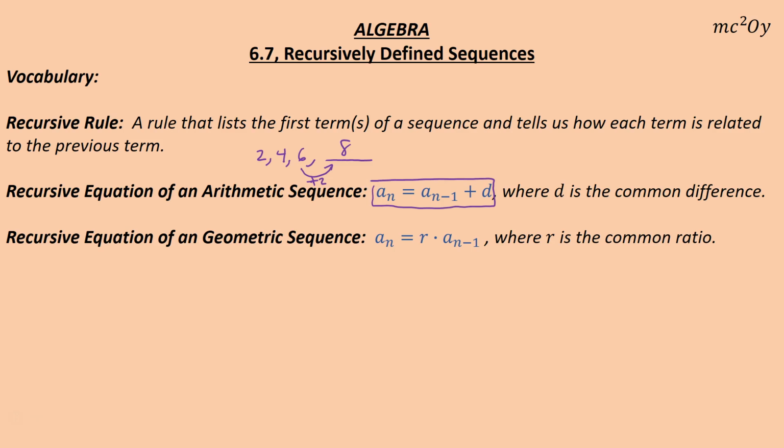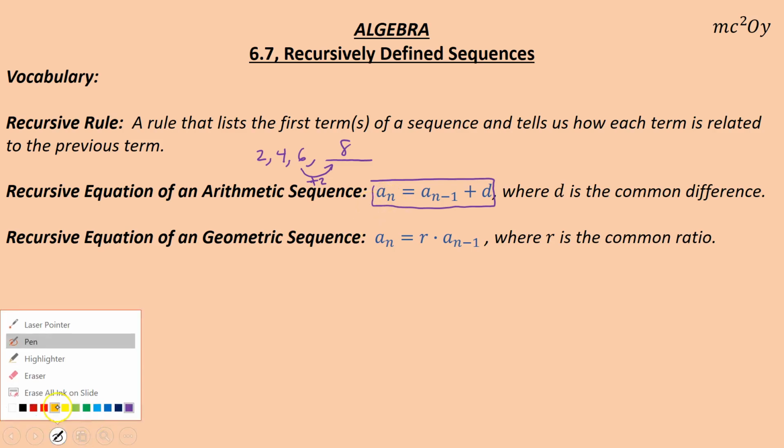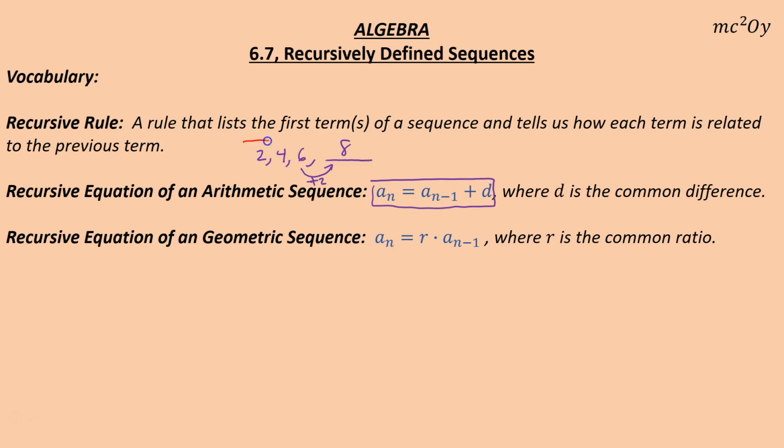If you have a term you're trying to find, a sub n, remember that n just represents its position. If we were to build a table out of this, this is the first term, second term, third term, and this is the fourth term. So n is the position, and this is a sub n.